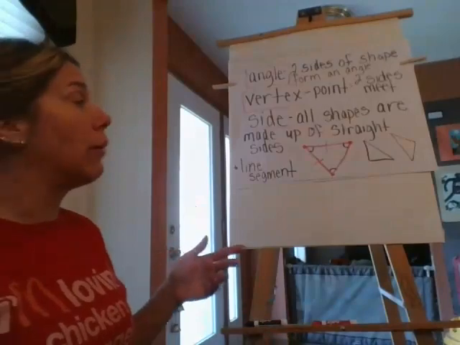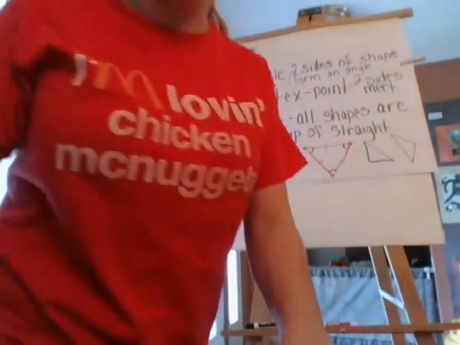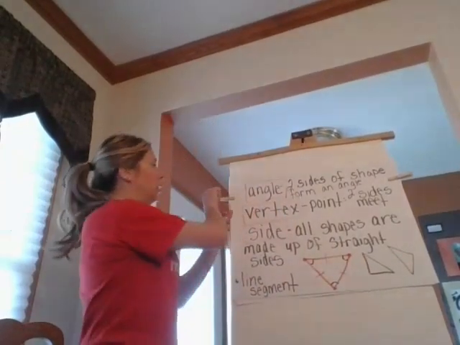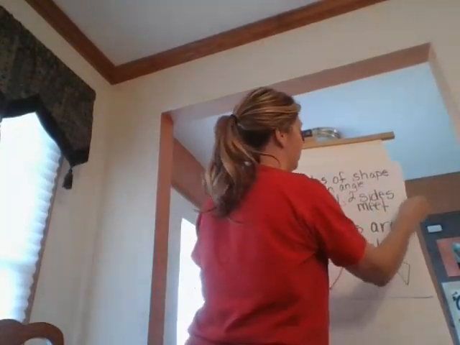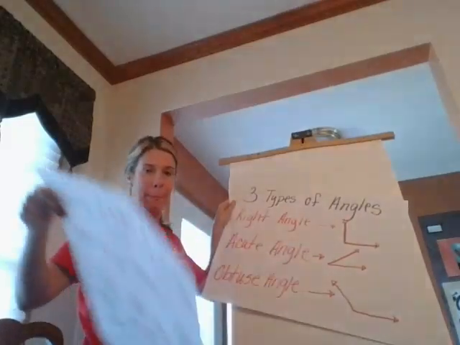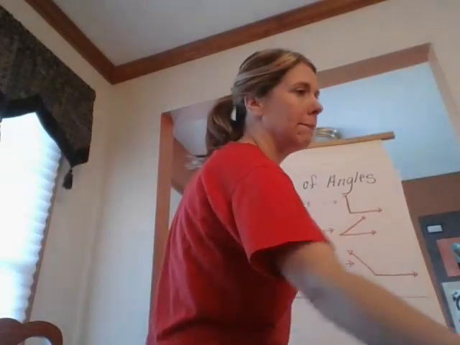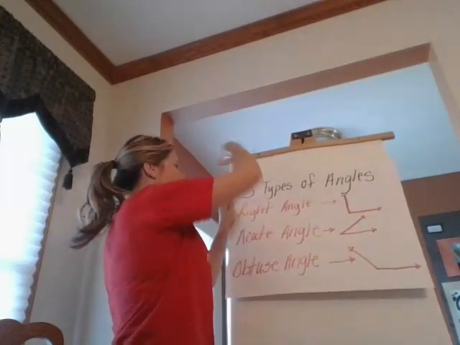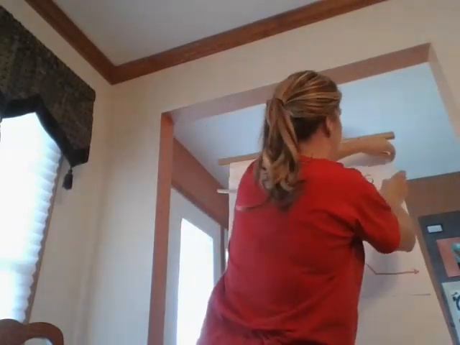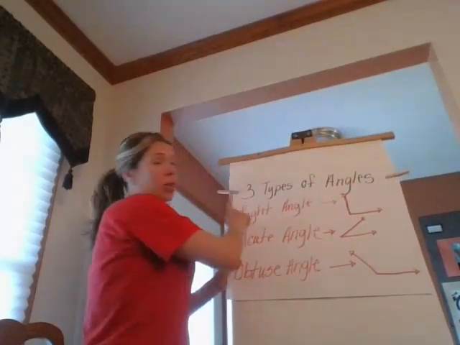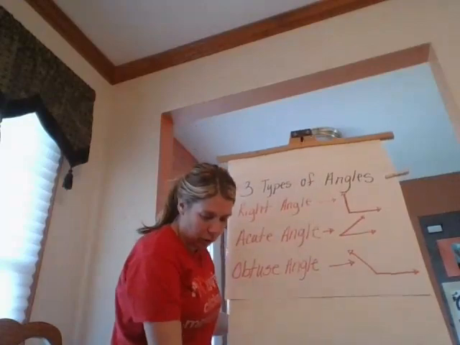Okay, so today we're going to talk a little bit more about angles. Hopefully you can see me. And we know, or we're going to know, that there are three types of angles.